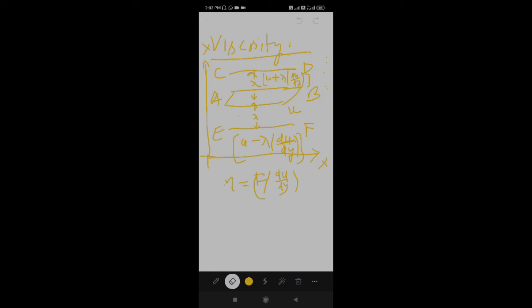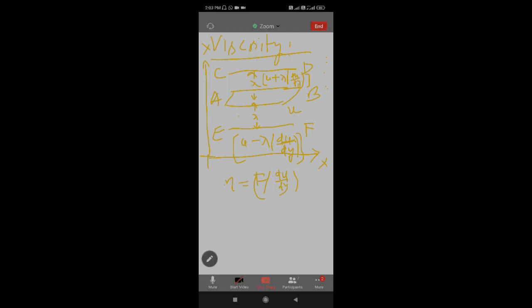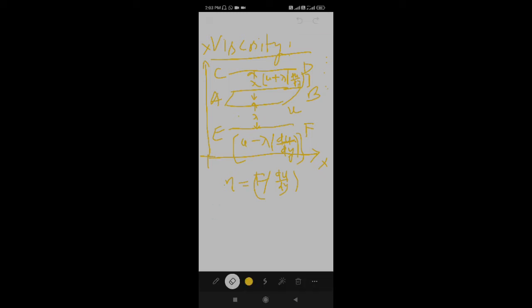I am defining this coefficient of viscosity as a tangential force per unit area, divided by, per unit velocity gradient.